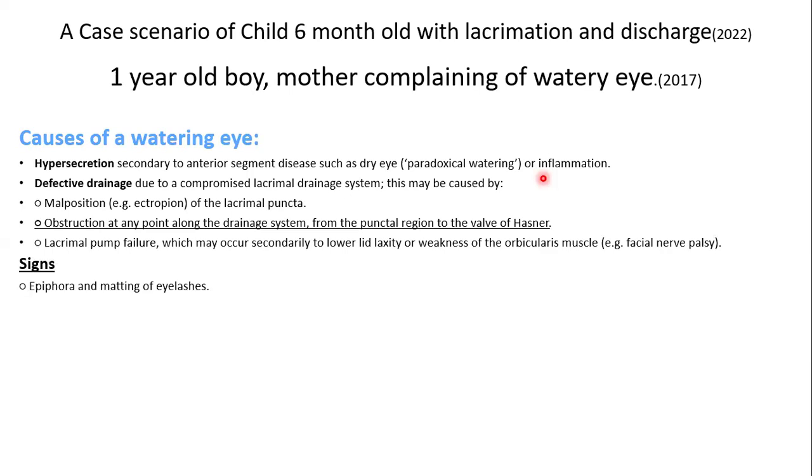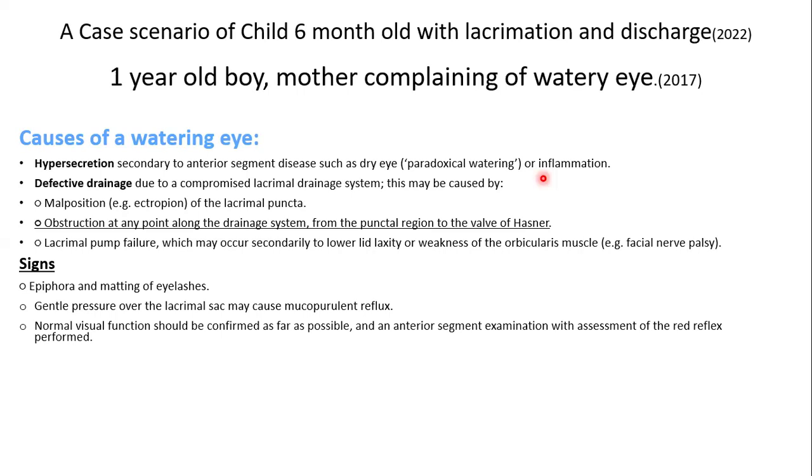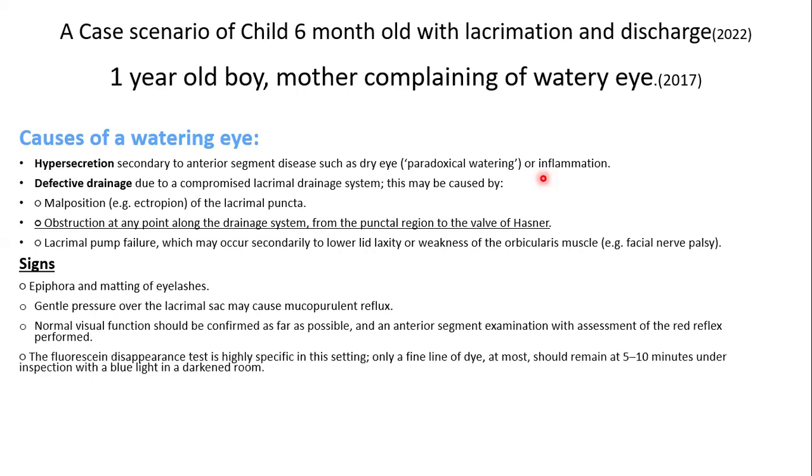Signs: epiphora, matting of eyelashes, regurgitation test positive. When you apply gentle pressure over the lacrimal sac, you may have mucopurulent reflux. Normal visual function should be confirmed as far as possible, along with anterior segment examination and assessment of red reflex.